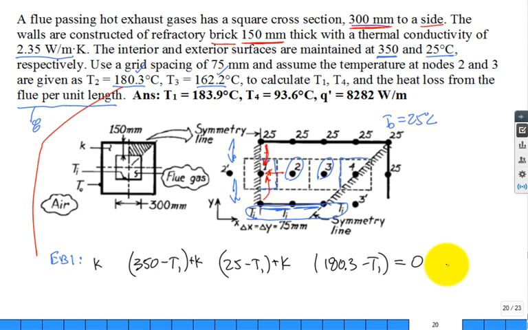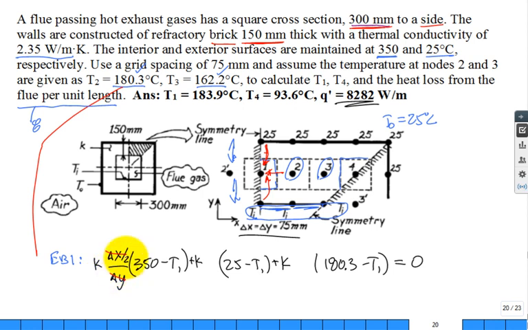But you're going to need the K when you calculate Q prime, part C of this problem. Okay, what about my area to length? From 350, what's my area? Delta Y, no, delta X over 2. What's my length? Delta Y. Because delta X is equal to delta Y, you just cancel those two and you're left with the half.